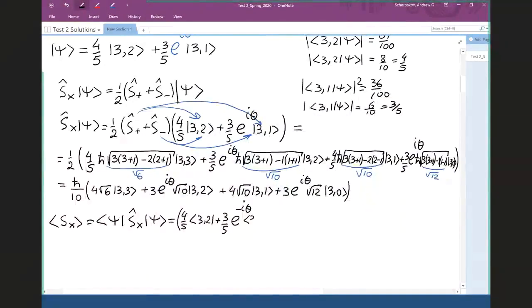Don't forget that. And we multiply it with the result. I need to copy this now. I don't really need to copy all of it because some terms will not matter, but for completeness' sake, I'm going to copy it.